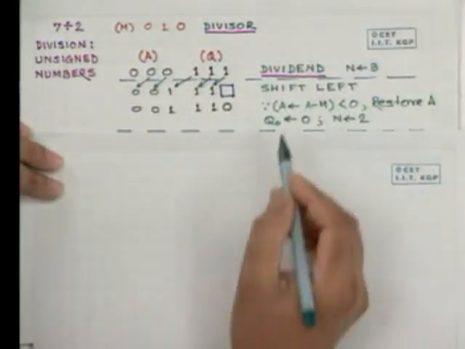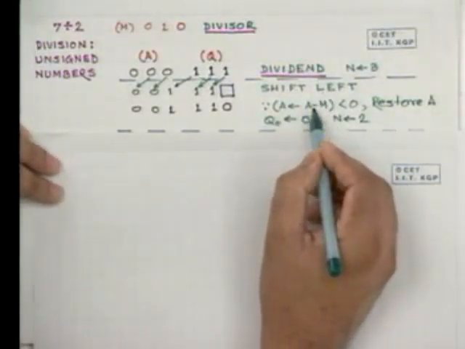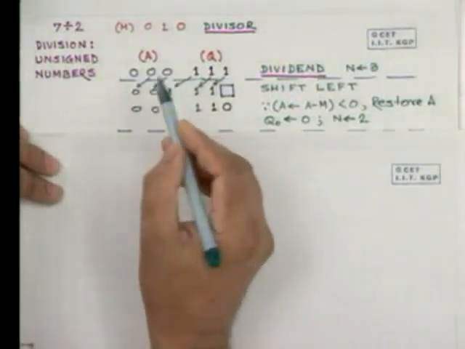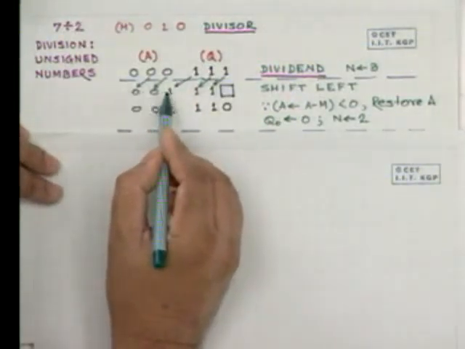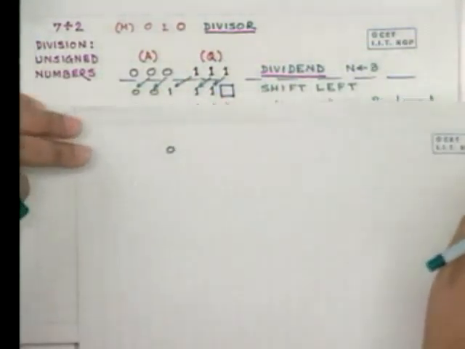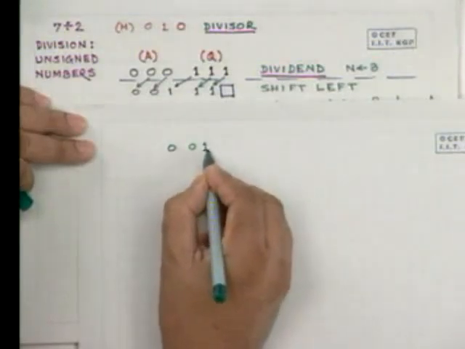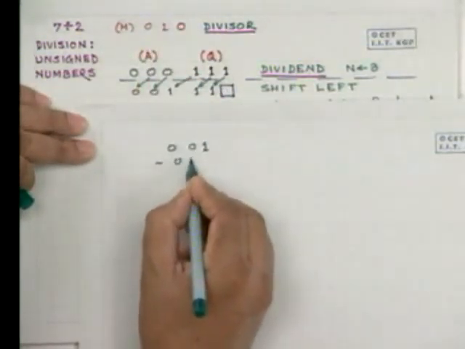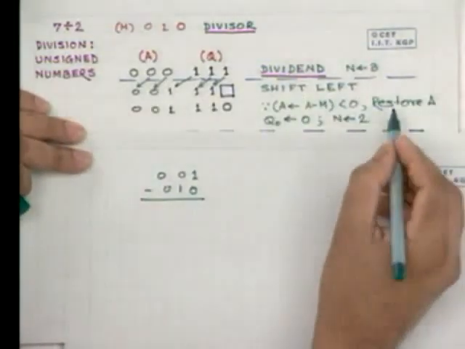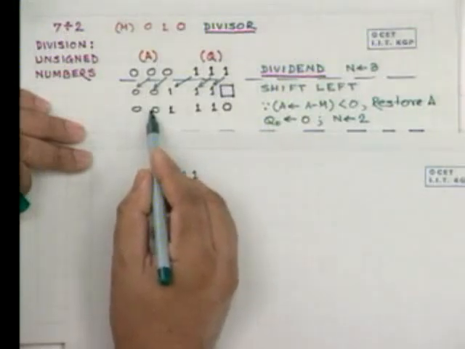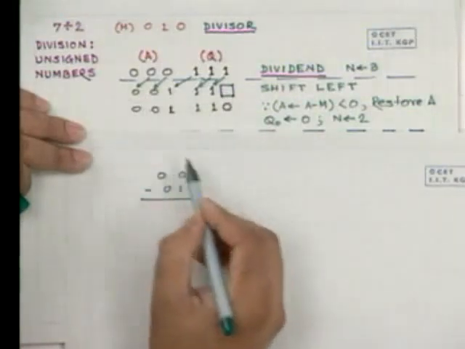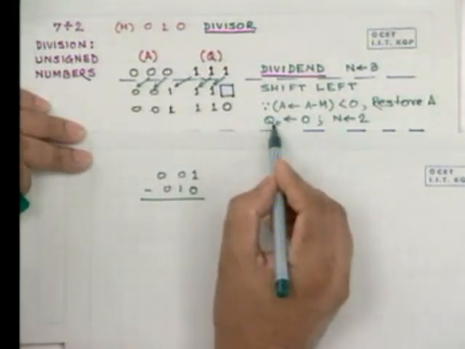Next operation is that we subtract, A minus M goes to A. If we do 0, 0, 1 minus 0, 1, 0, the result obviously will be negative, and therefore we restore the value of A, that means we keep the value 0, 0, 1, and 0 is pushed into the Q0 position. You see 0 has been put into the Q0 position.